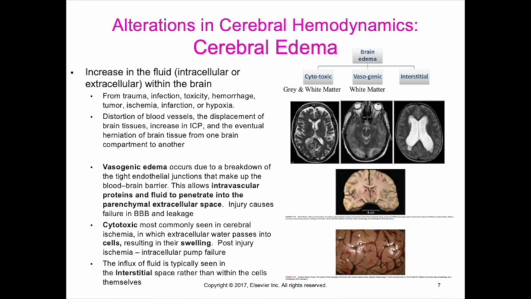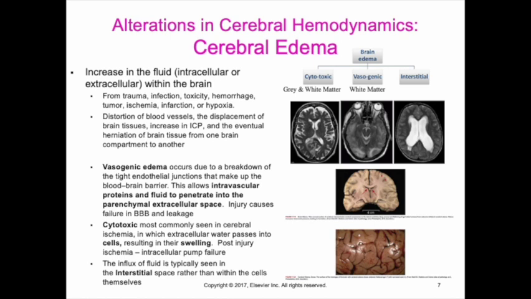Cytotoxic cerebral edema is caused by a failure of active transport systems, whereas interstitial cerebral edema is most often seen in patients with non-communicating hydrocephalus. That means that the fluid isn't moving from one space to the next. It's not connected.